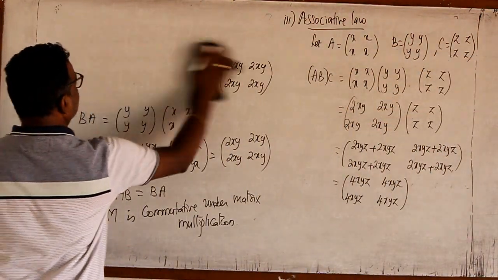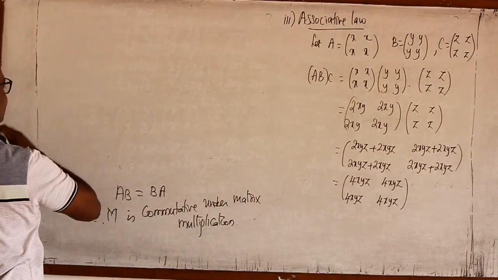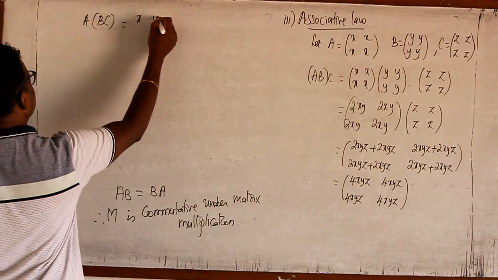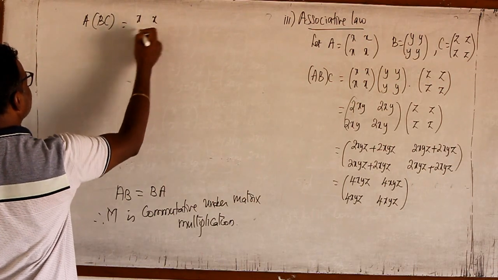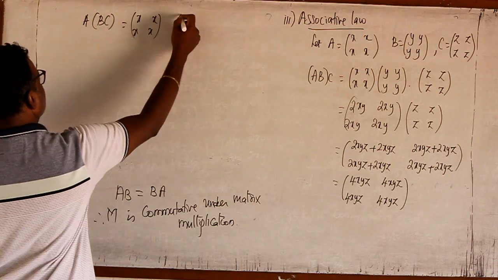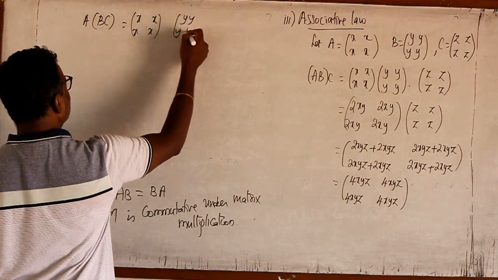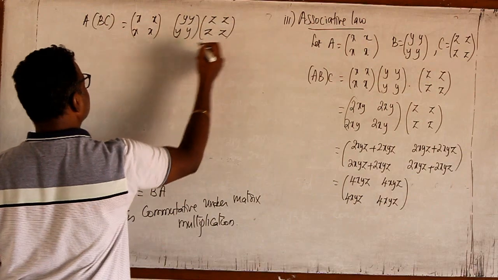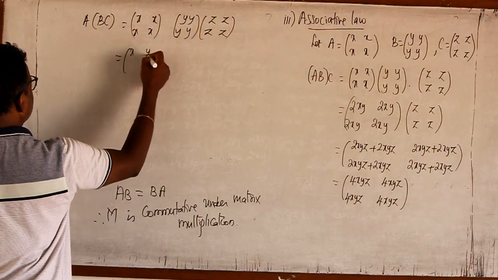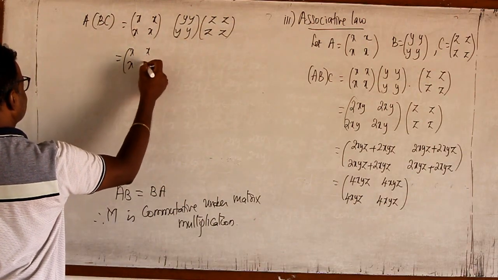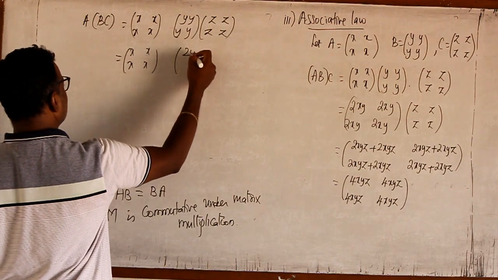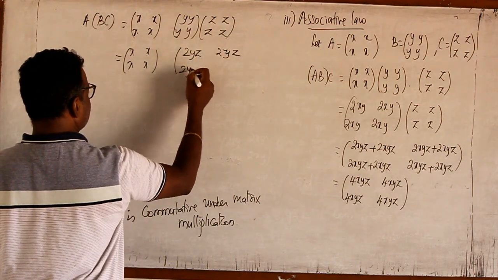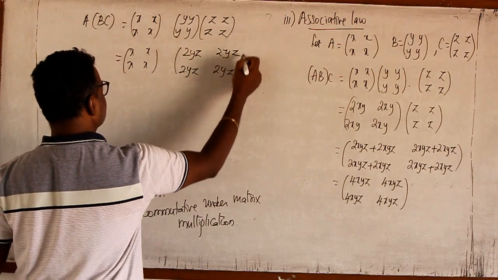Now, we shall go for the other one, that is A into BC. It is [x x; x x] into [y y; y y] into [z z; z z]. This will be [x x; x x] into 2yz, 2yz, 2yz, 2yz.